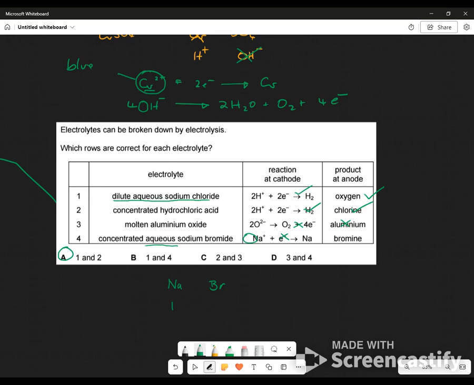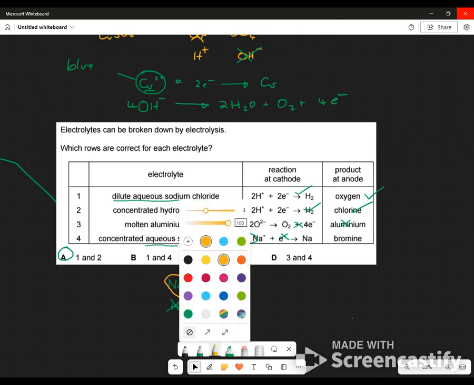Now the ions that are going to go, you're going to get hydrogen going. My pen is useless. And you're going to get the bromide going. So you're going to end up with sodium hydroxide, as we often do. All right, so I'm sorry about that. The answer is A. Let's go to the next one.